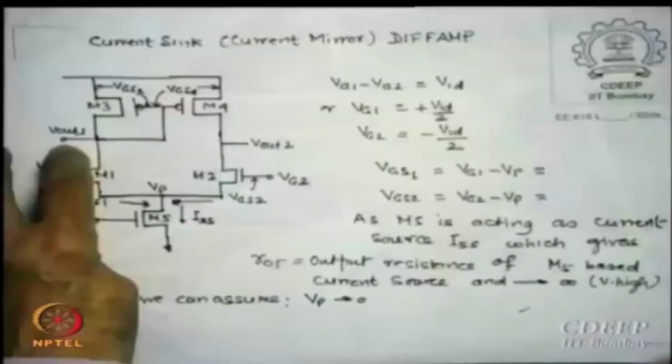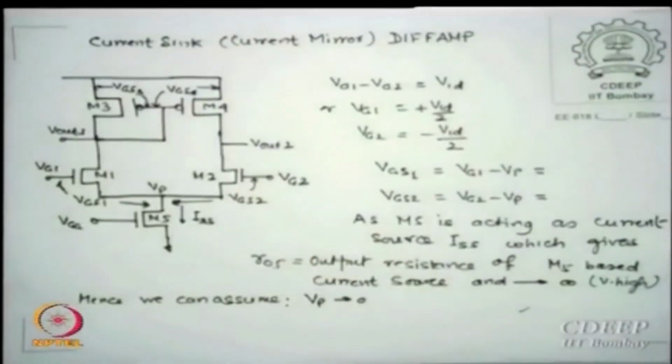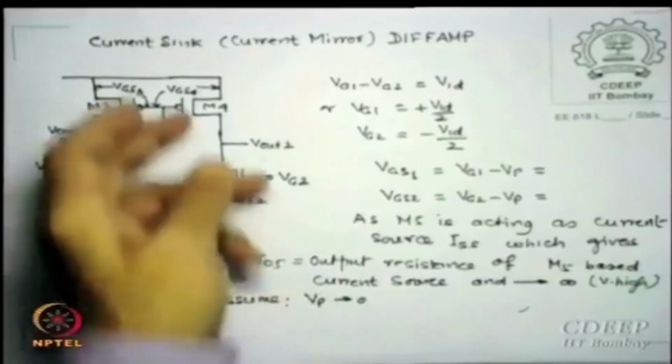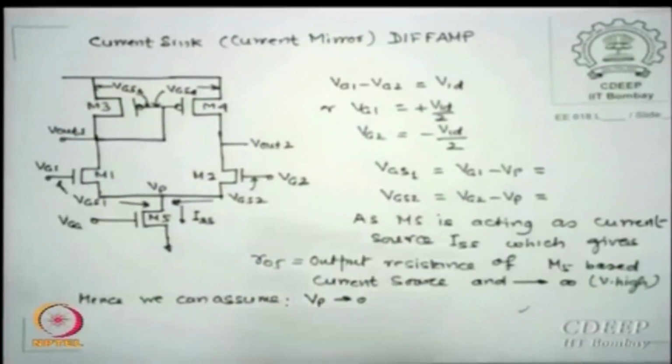What we said last time is that since Vout1 is an AC output, for M4 it is acting like an input, because it is connected.